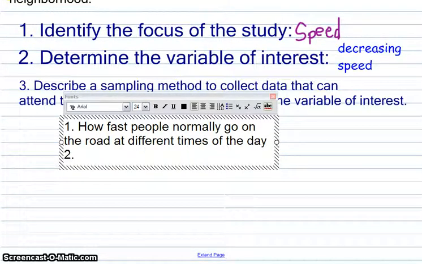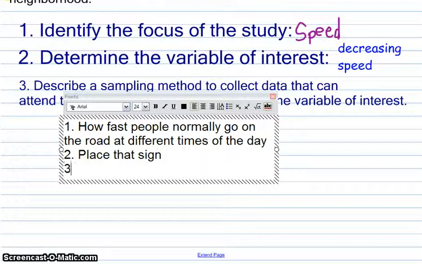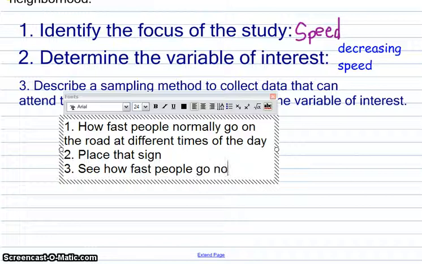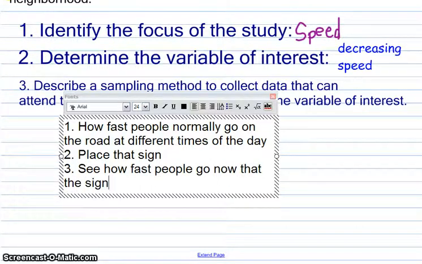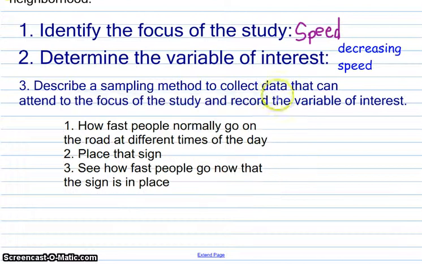Secondly, we need to place that sign and see what happens. Third, we need to see how fast people go now that the sign is in place. And we're hoping once we see that it is a lot slower.